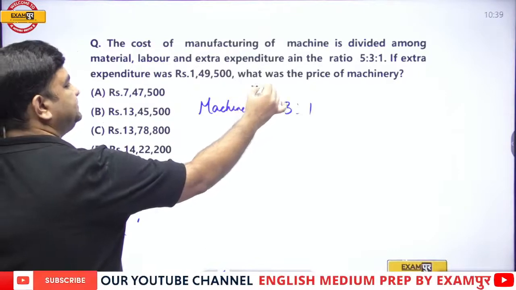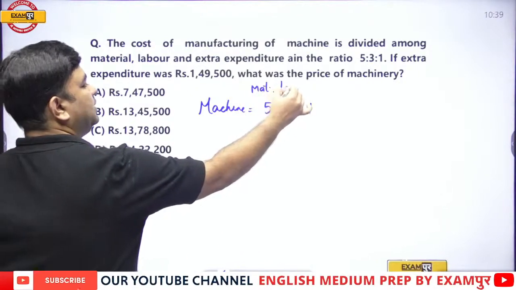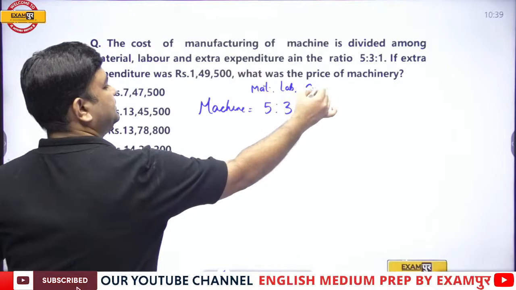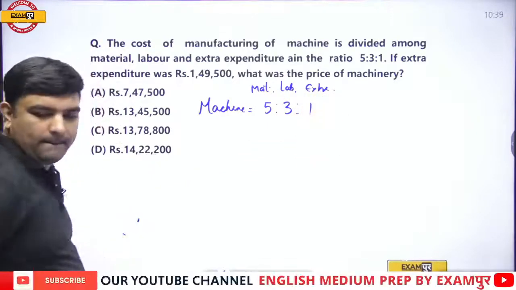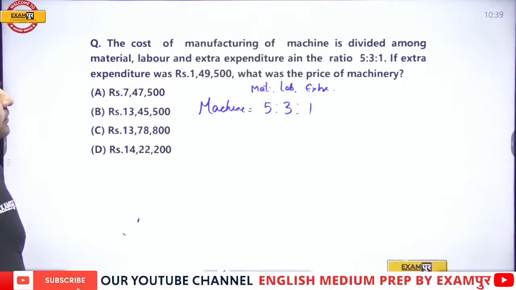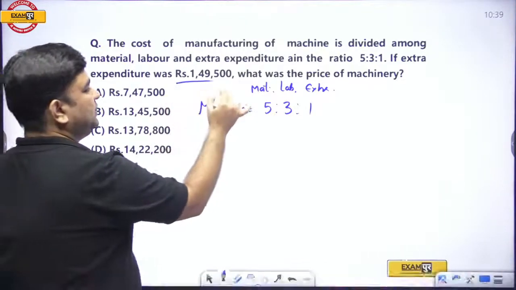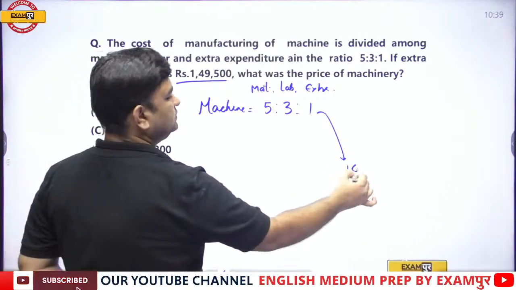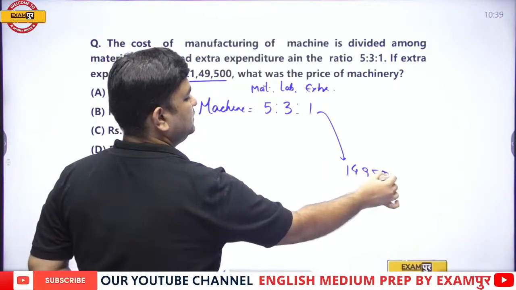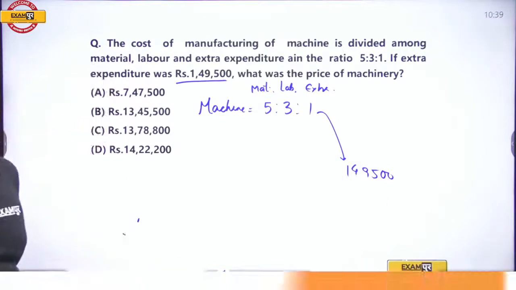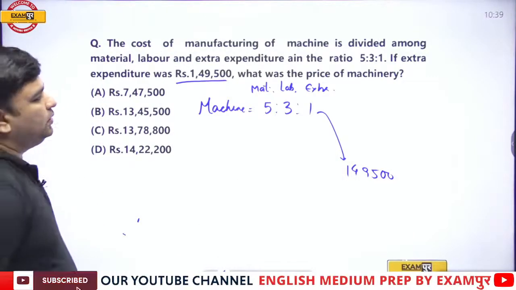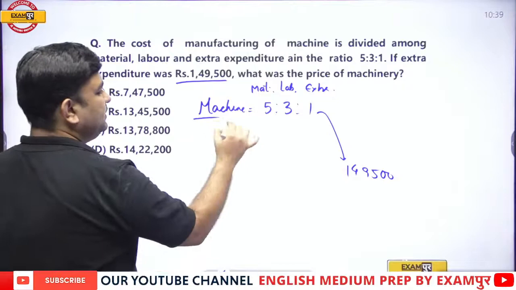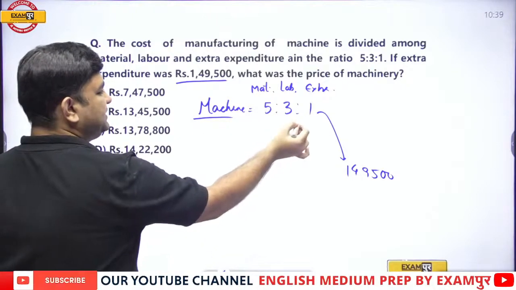Material, labor, extra. Extra expenditure is given, 1 is given. Value of 1 is known. What is the price of machinery? Price of machinery is 5 plus 3 plus 8 plus 1, 9.